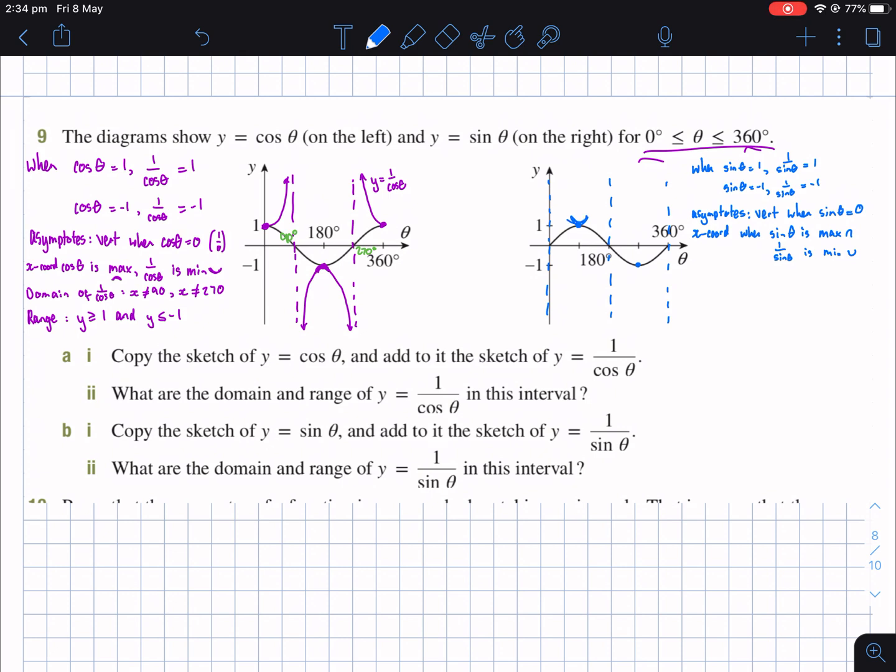That's it. When sine theta is min, 1 on sine theta is max. So here. And that's kind of it. Well, that's all we have to do. Now we just need to draw it. Well, it's going to go up that way and up that way because that's a maximum. And it's going to kind of go down that way and that way because it's a minimum.